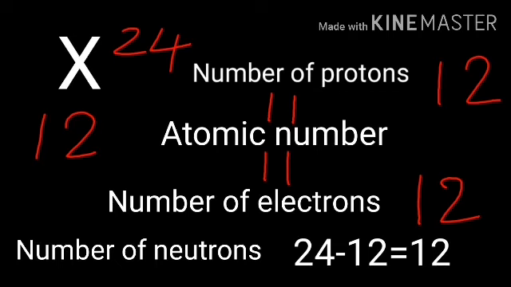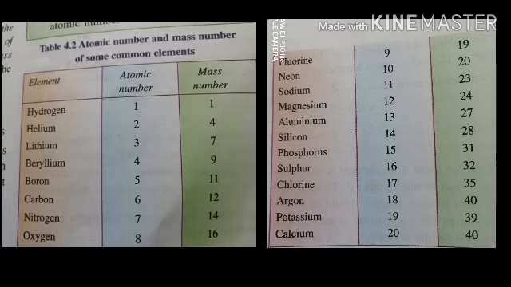Is it clear? Dear children, on page number 43, some elements are given with their atomic numbers and mass numbers. You must study the atomic number and mass number of those elements. For elements 1 to 20, atomic number and mass number must be studied.